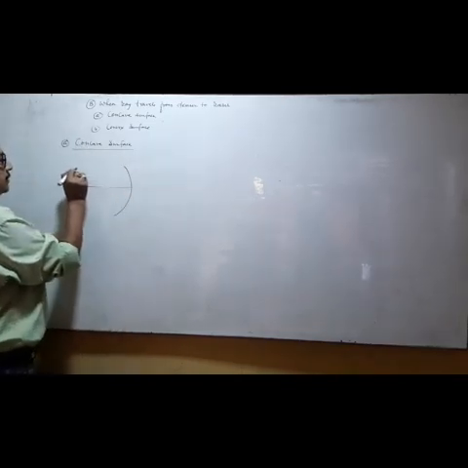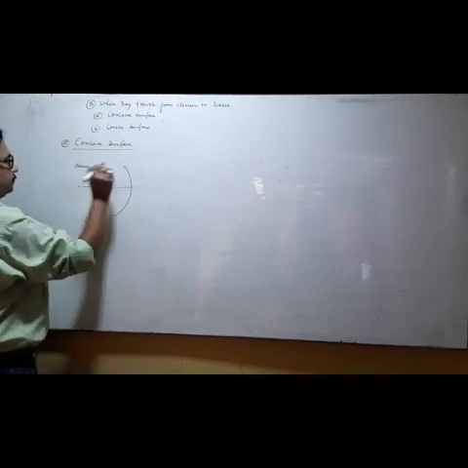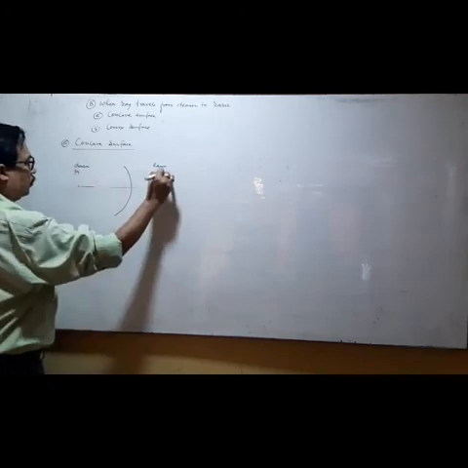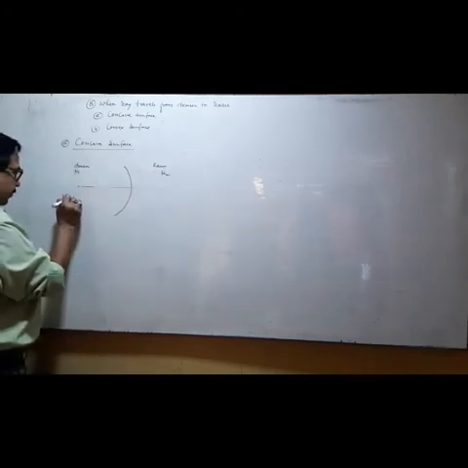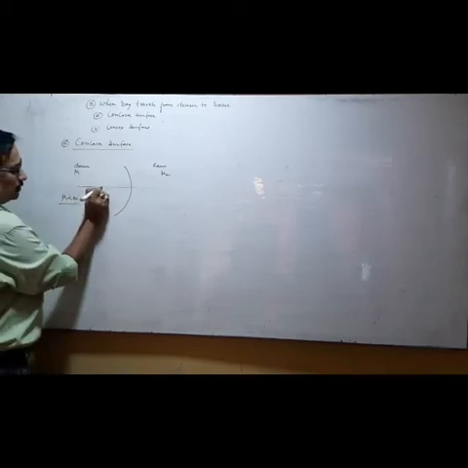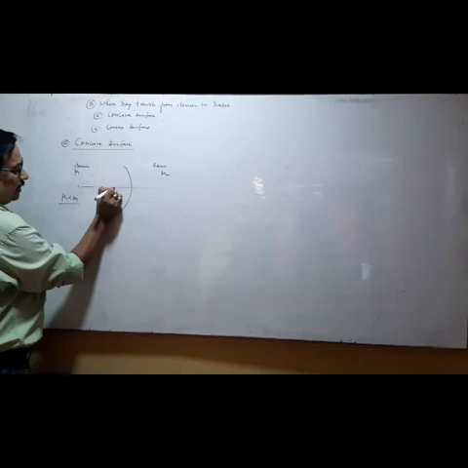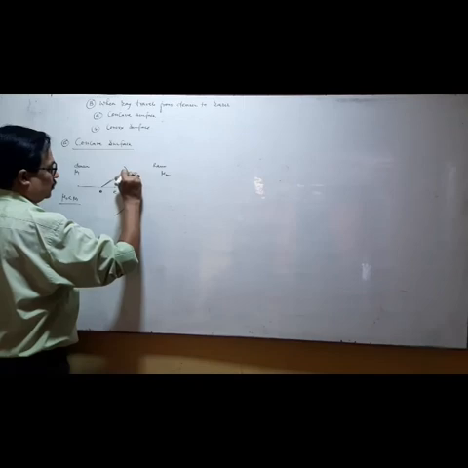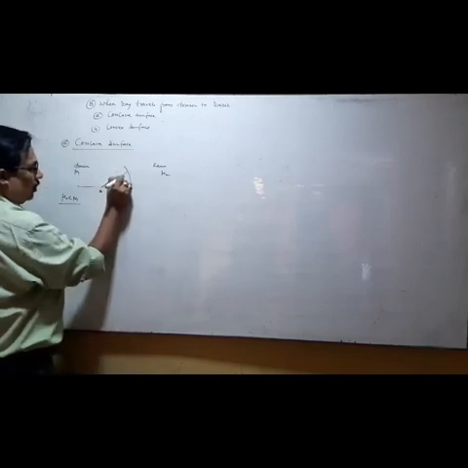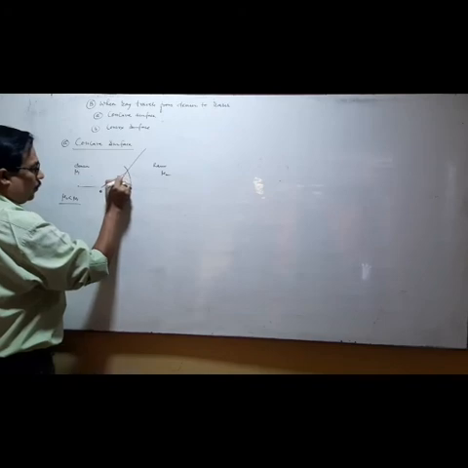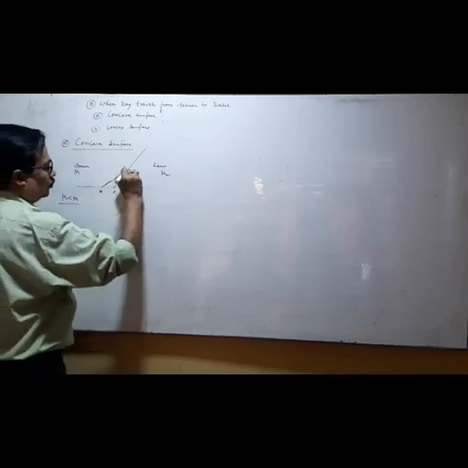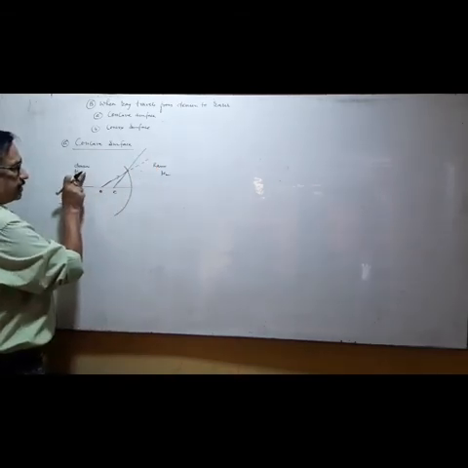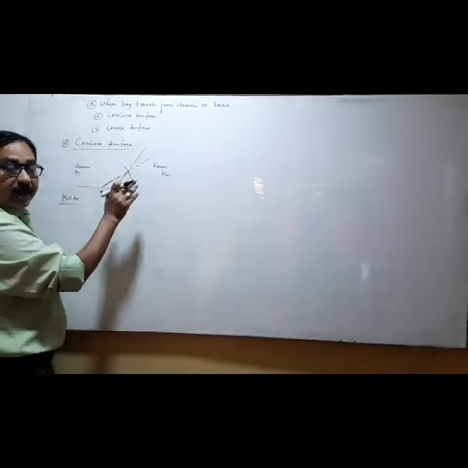In this case, this is denser, this is rarer. This is mu 1, this is mu 2, and in this case mu 2 is less than mu 1. O is the object, C is the center of curvature. The ray comes to this point, but when the ray comes from denser to rarer, it goes away from the normal.